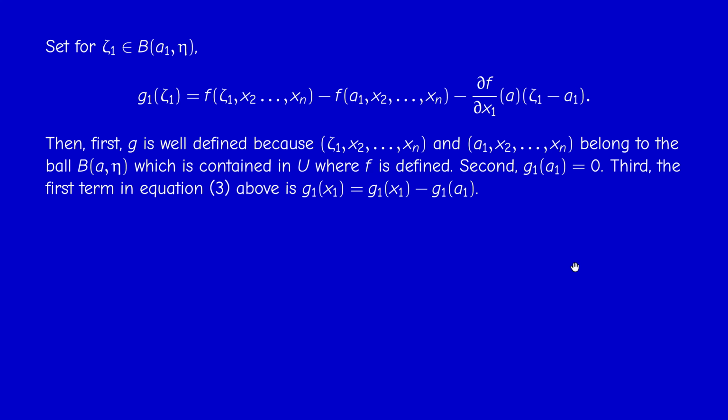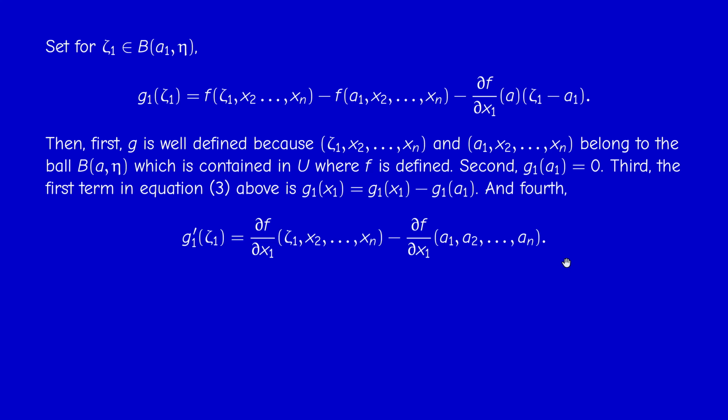And now everything is constant here, actually. In my reasoning, a1, a2, ..., an are fixed, and x1, x2, ..., xn are fixed, but they are close together. The only variable now is zeta1. So when I differentiate with respect to zeta1, everything else being held constant, the derivative of this term is just the partial derivative with respect to the first variable.